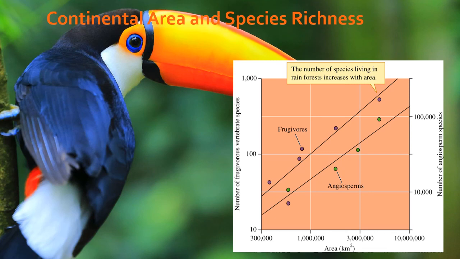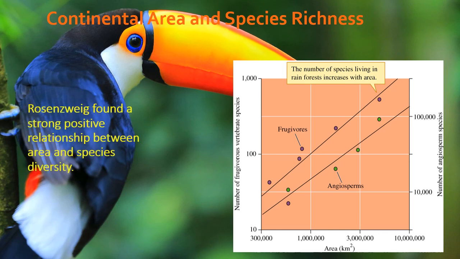This is looking at the diversity in different sizes of tropical rainforests on different continents. The green dots are plant diversity, and then the purple dots are the number of fruit-eating vertebrates, so we can see that obviously the bigger areas have more species, but this can also be related to not just immigration and extinction and competition for resources, but could also be changes in the diversity of those habitats.